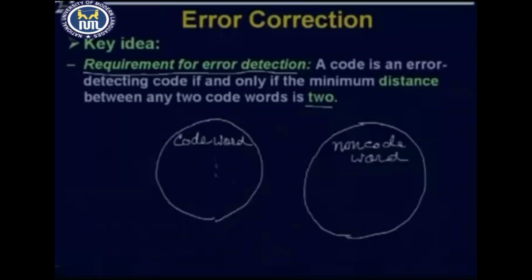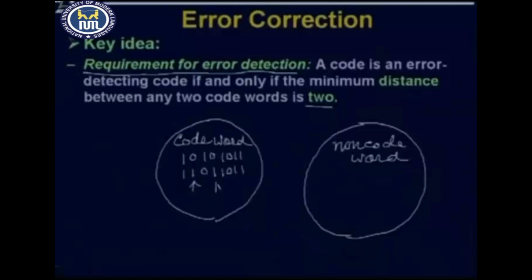Then when you choose two code words, say you're choosing this one, another code word must have a distance of 2. What do you mean? That the 2-bit positions can differ, like this one here.